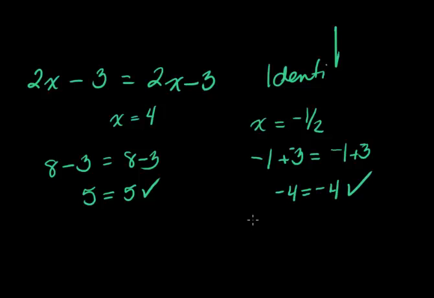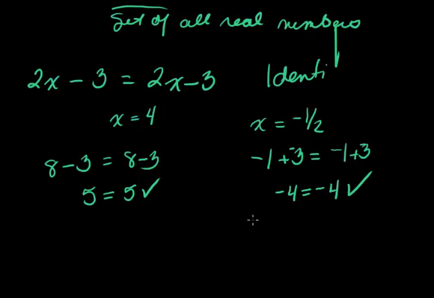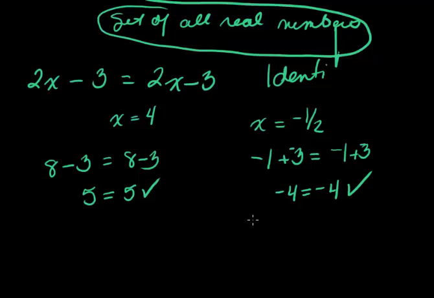Any number in the real number system would satisfy that. That's why sometimes you'll also see this answer written as the set of all real numbers. So identity is what it's called, infinitely many solutions in the set of all real numbers.